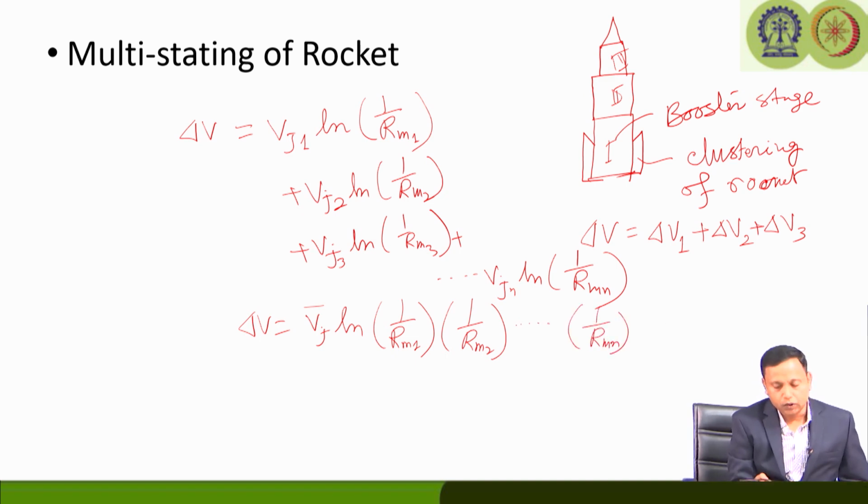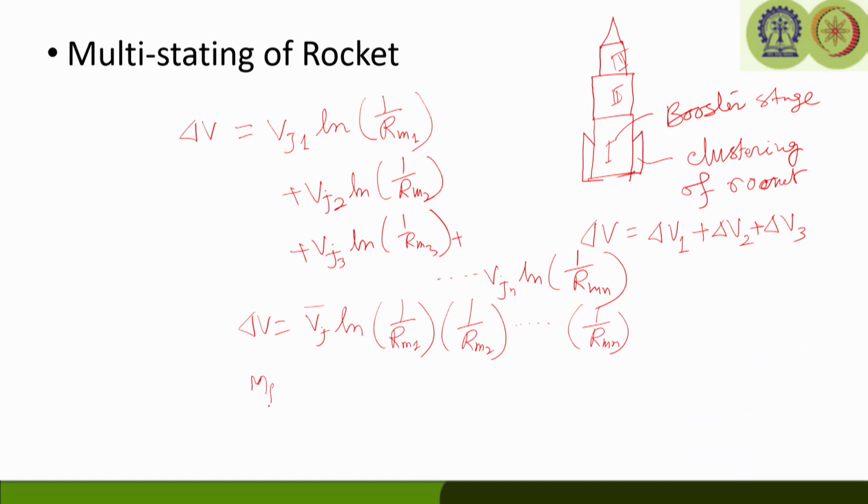Okay. One can further simplify this by considering that the final mass of the first stage is the initial mass of the second stage, the final mass of the second stage is the initial mass of the third stage, and so on.